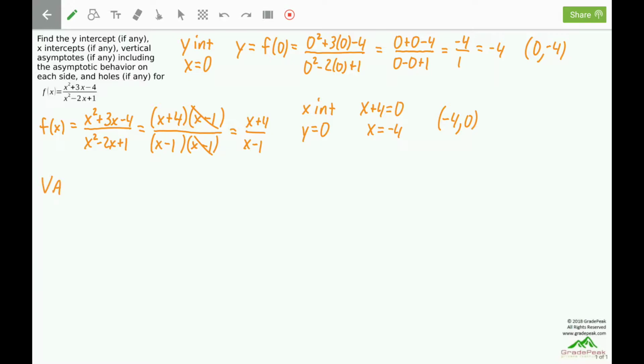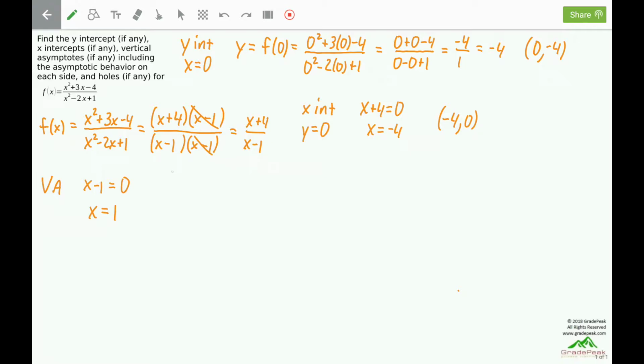The vertical asymptotes are found by taking the remaining denominator after factoring and canceling and setting it equal to 0. Solving for x, x equals 1.